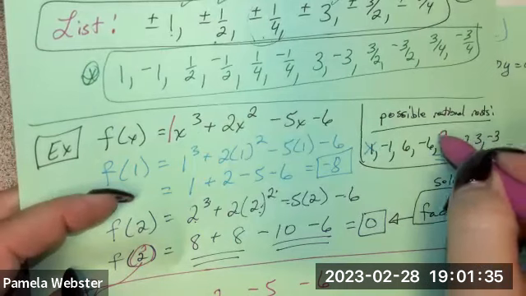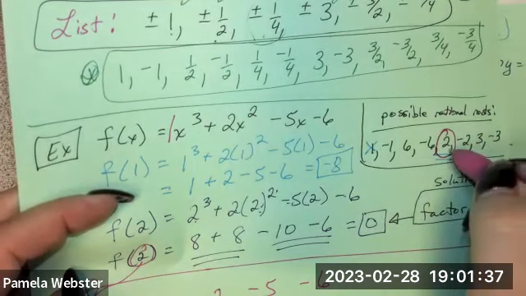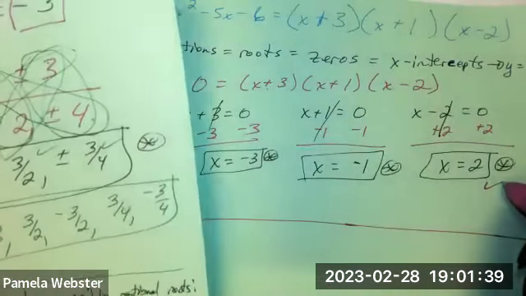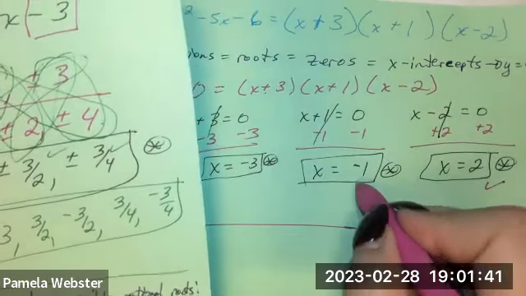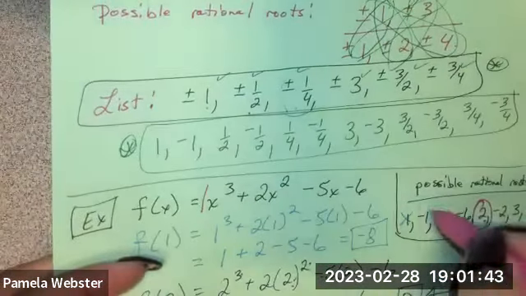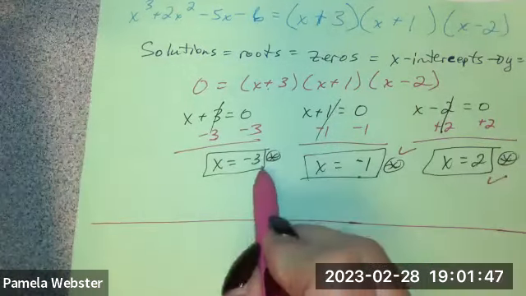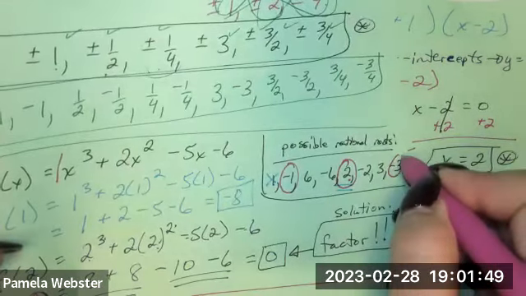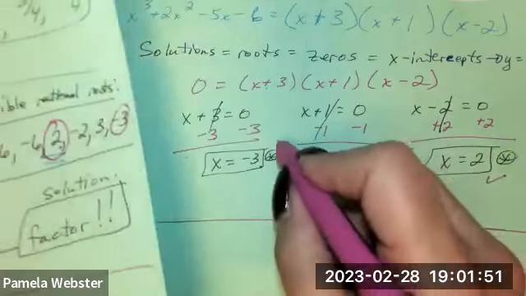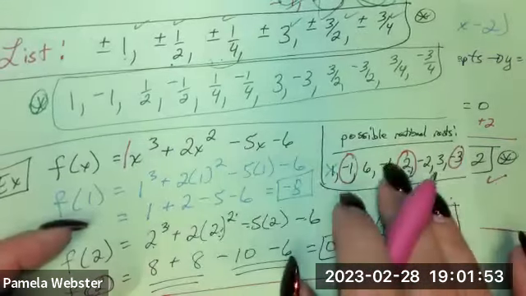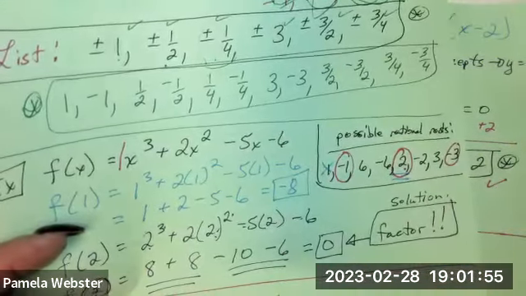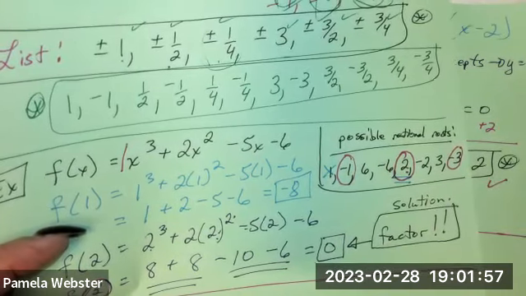Remember we had these possible rational roots? We figured out that the 2 worked, we got him. We figured out the negative 1 worked, we got him. And we figured out that the negative 3 worked, we got him. So all 3 of those rational roots were in my list, and they're going to be.